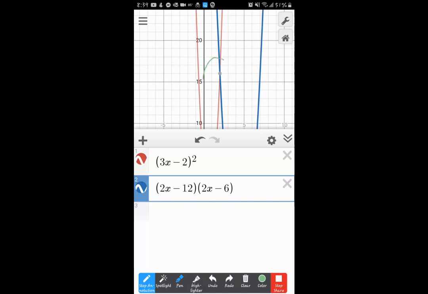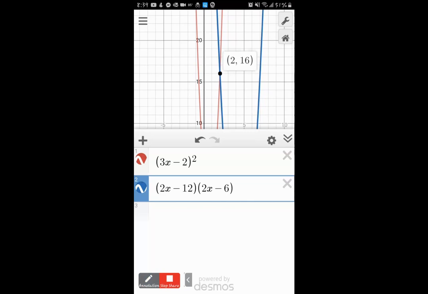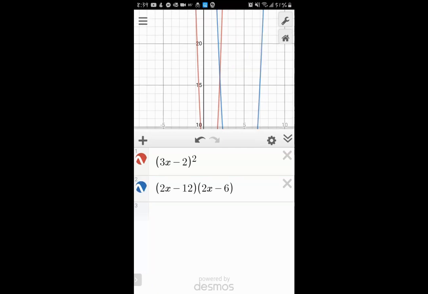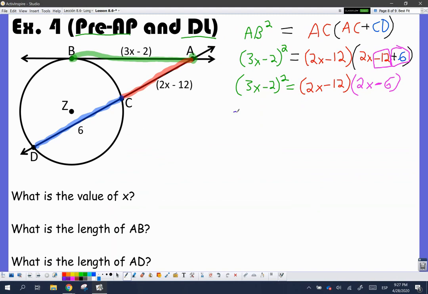So if I highlight it here, that's the point that we're looking for. And if I click on that point, it tells me the coordinates 2, 16. So here we know that x is going to be 2 and our y is going to be 16. But the important part is that we have that x. Well, that was easy, right? Turns out that x is equal to 2.